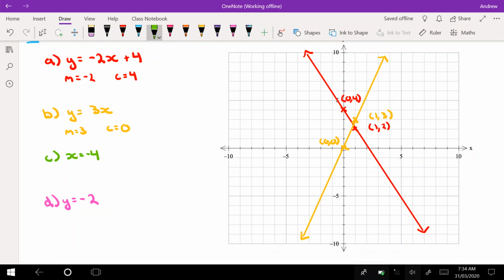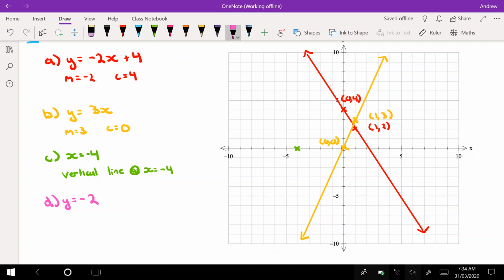x equals -4. Well, if I say that x is equal to -4, that's going to be right there, that point. And so this line actually represents all the possible points where x is going to be equal to -4. This is actually a vertical line at x is equal to -4.